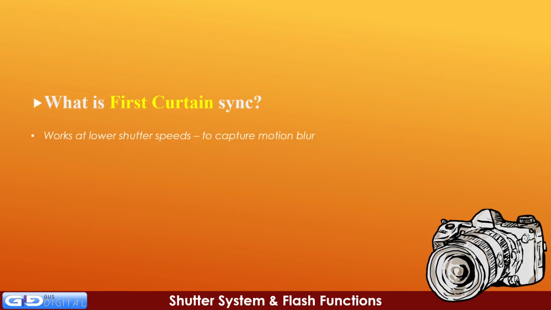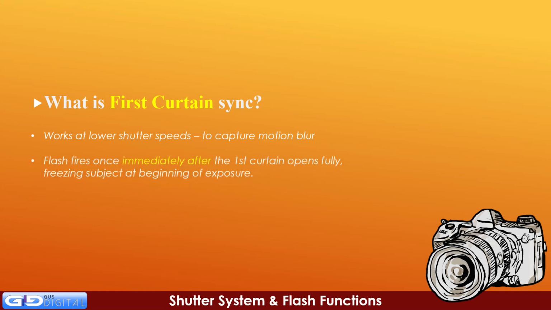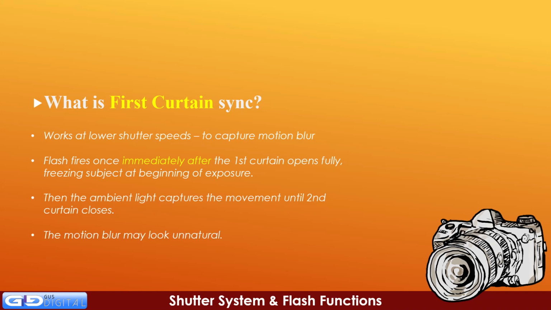First curtain sync. What is it? It's a creative technique used to capture motion blur of a moving subject. It only works at a shutter speed slow enough to capture motion blur. When set to first curtain sync, the flash fires once immediately after the first curtain opens.